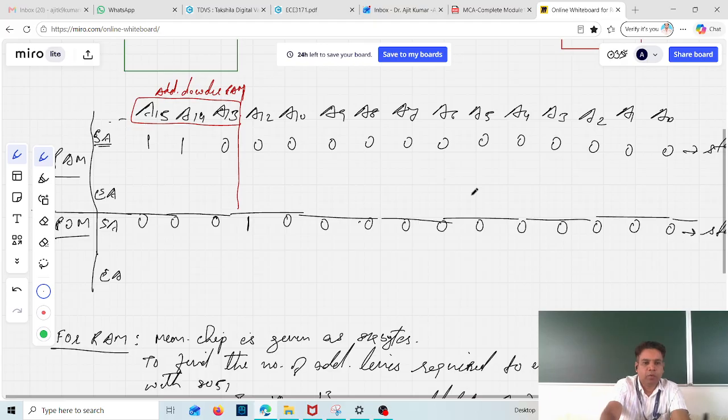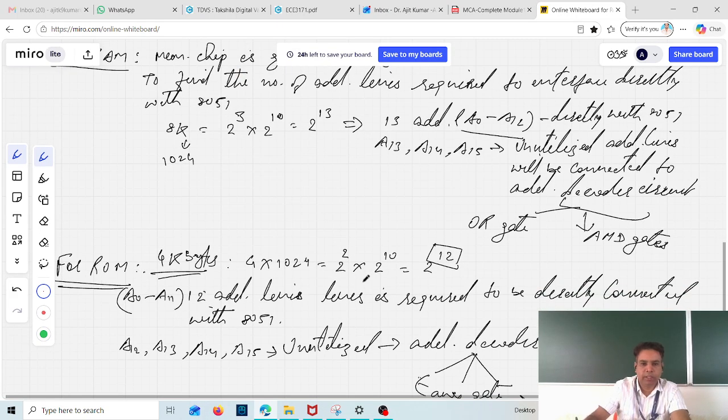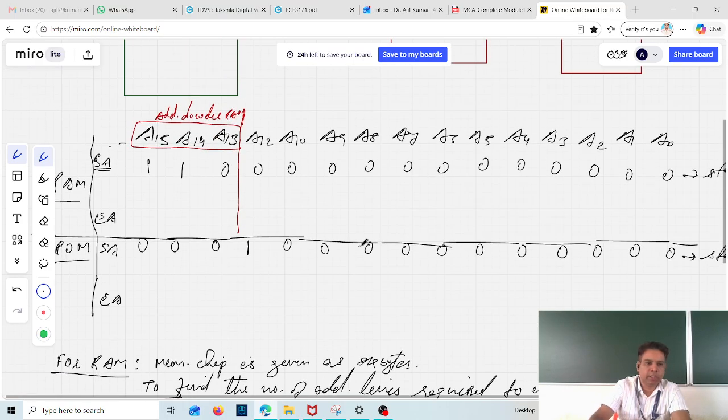Now for the ROM, similarly, you have to segregate. For the ROM, we have seen that A12 to A15 are going to be utilized as input to the address decoder circuit, starting from A12. So I'll segregate this like this, because our ROM is here.